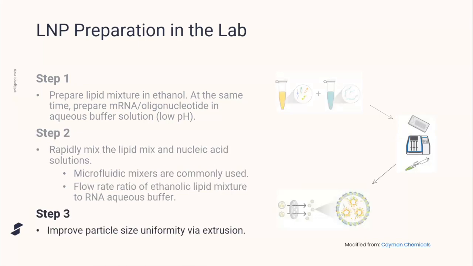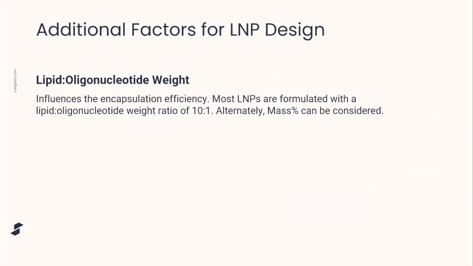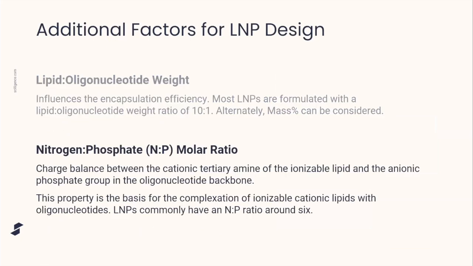After you've made your nanoparticles, you probably want to remove some particles that are not the greatest size. There are a number of different methods, such as extrusion, for improving your PDI. Additional factors for your LNP design can include the lipid to oligonucleotide weight ratio, or mass percent, because this influences the encapsulation efficiency of your lipid nanoparticle, as well as the nitrogen to phosphate molar ratio.